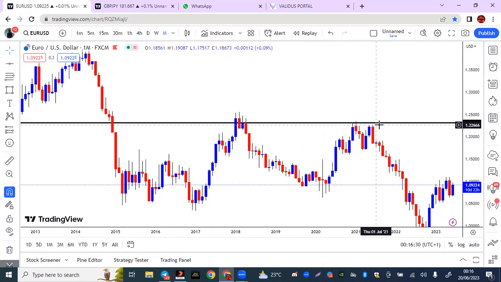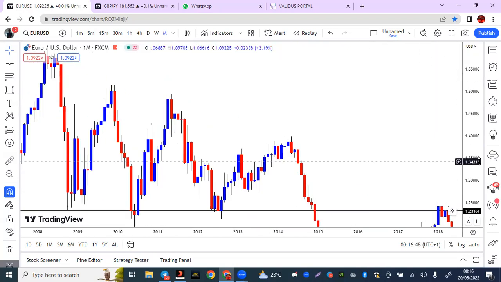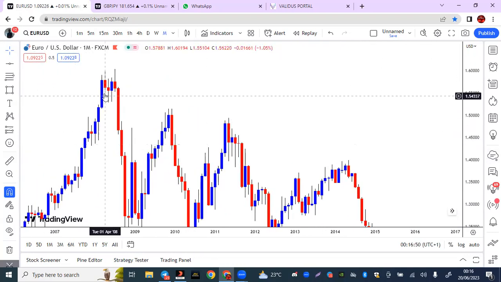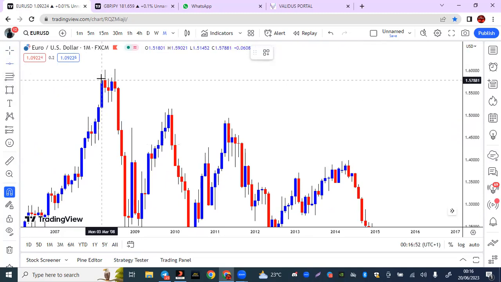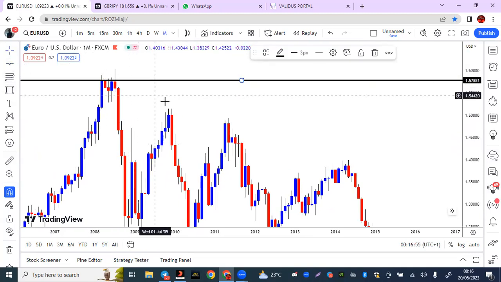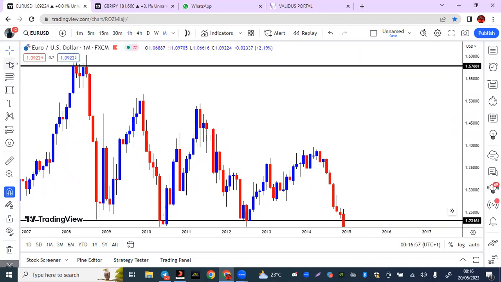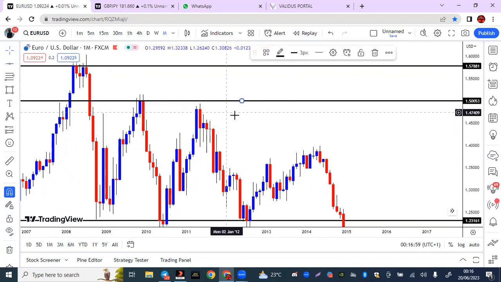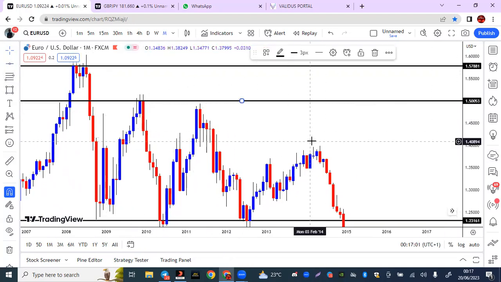So what we'll be looking out for, we'll not be looking to buy, we'll be looking to sell because of previous reactions at this zone. Price came here like 1, 2, 3, 4 times, and then came back here and there was a rejection. So this is also a high curve for this particular pair, this 1.500.